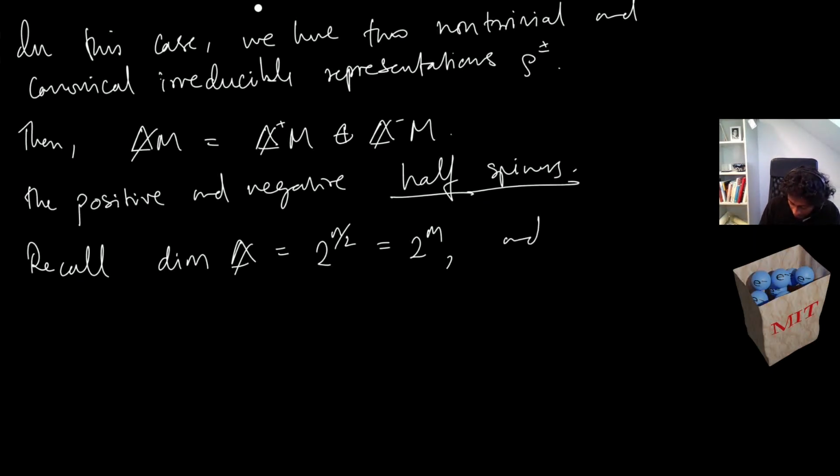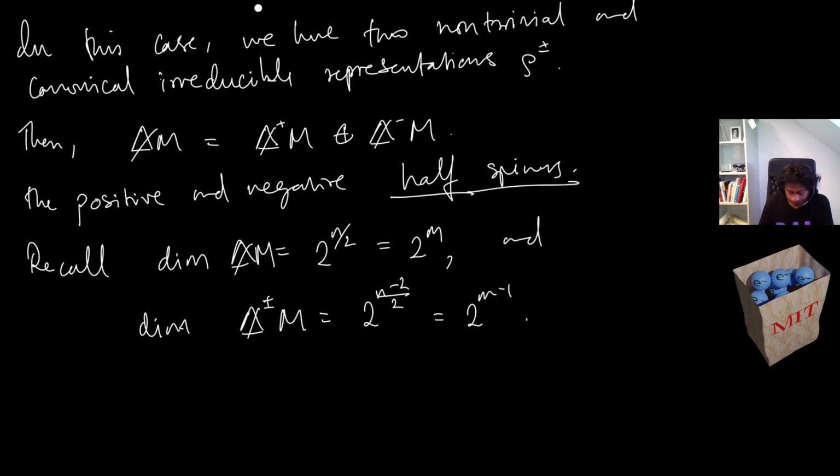So the dimension of S plus minus is exactly equal to 2 to the n minus 2 on 2, which is equal to 2 to the m minus 1.